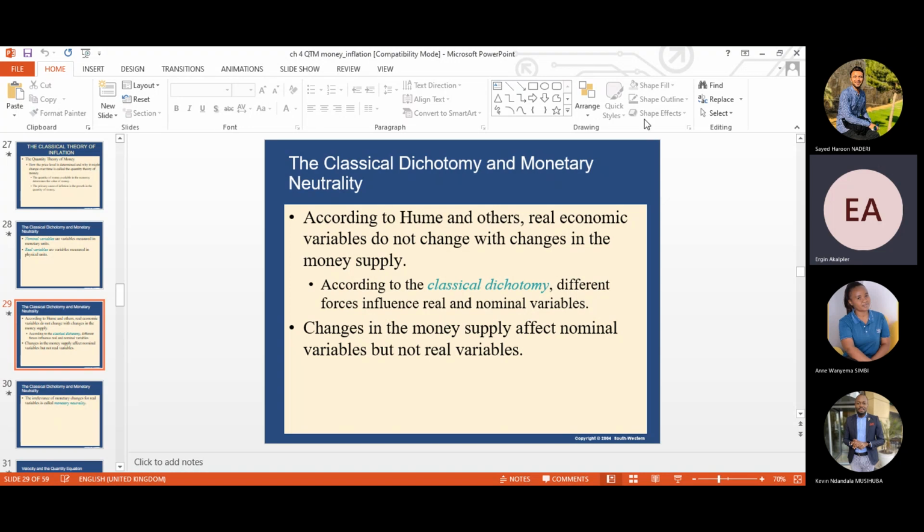Changes in the money supply affect the nominal variables, but not the real variables. Therefore, changes in the money supply, as you observe in the graph, only affect the nominal variables, which means you are only changing the amount of money, the monetary value, not the real value.